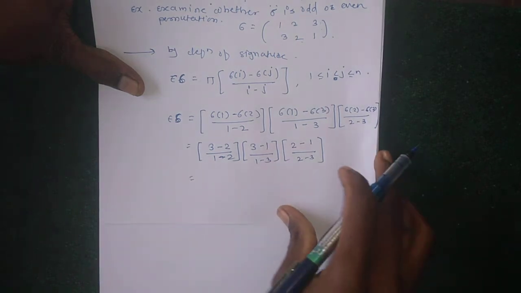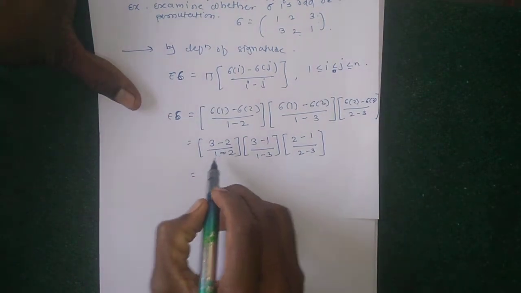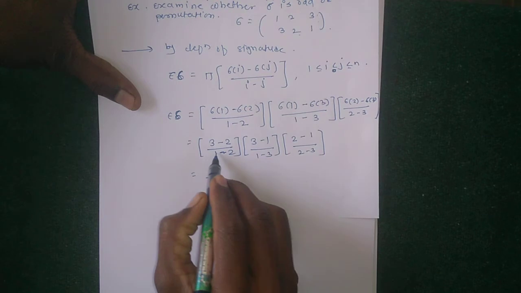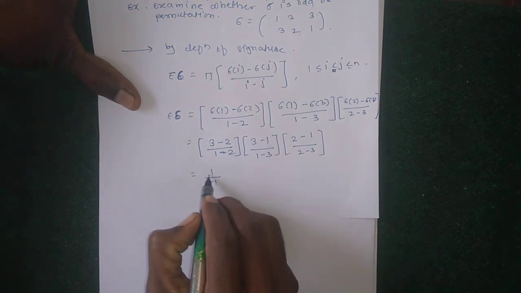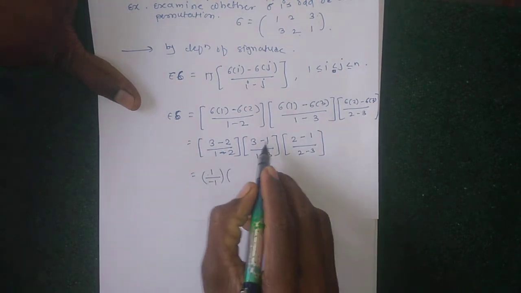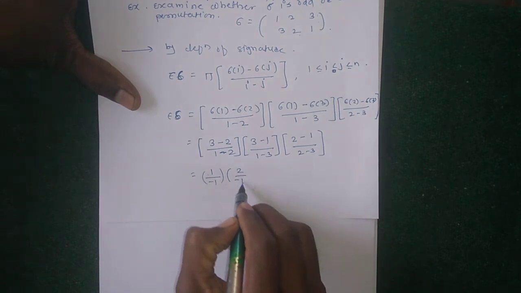Then their multiplication is (3 − 2) = 1 divided by (1 − 2) = −1. Then 3 minus 1 is 2 divided by −2.